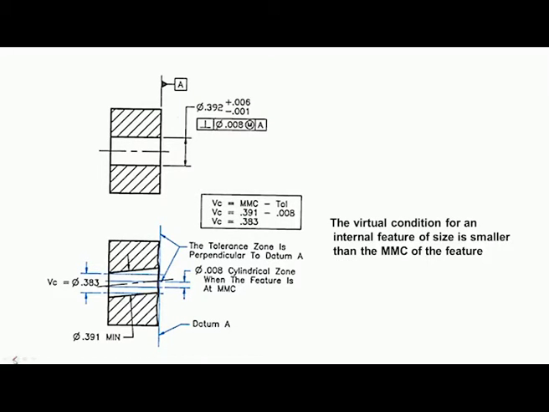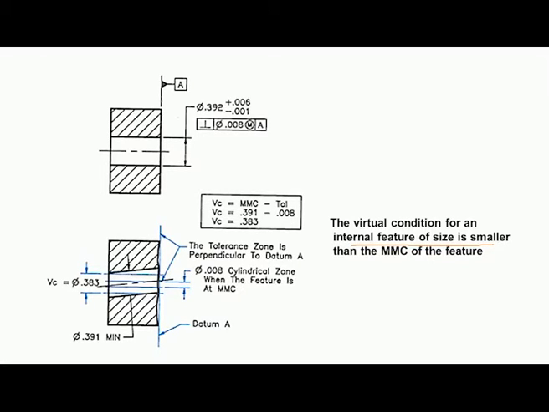This is the perpendicularity tolerance given for the hole, an internal feature, that is hole. So, this is as specified.